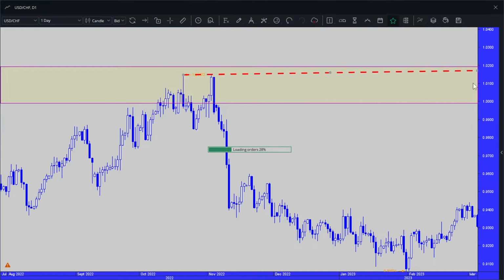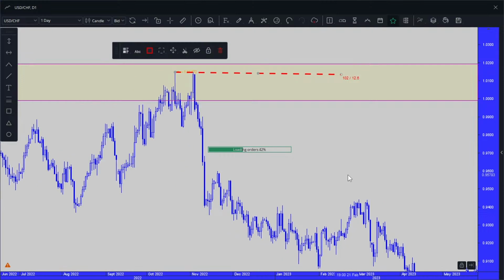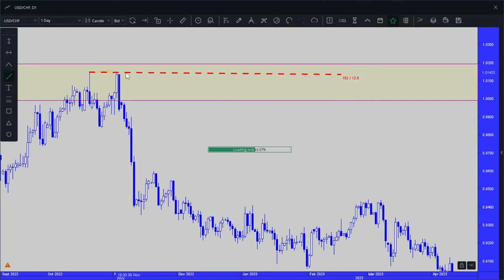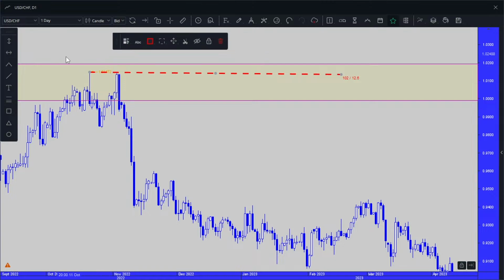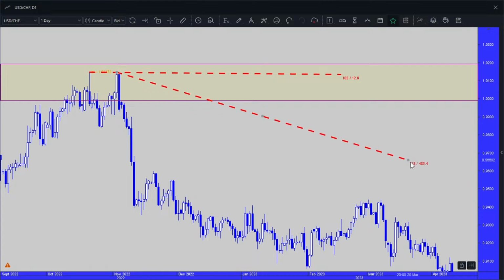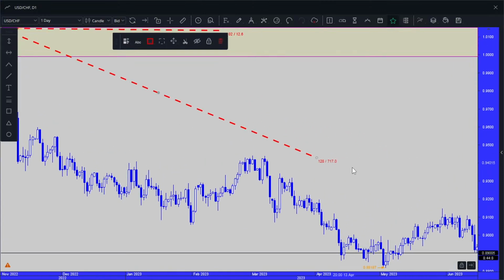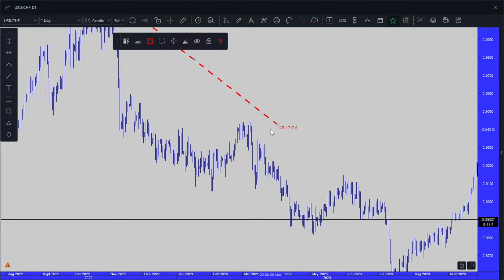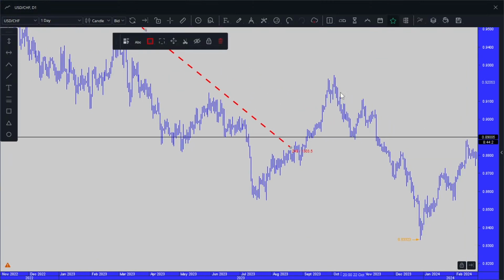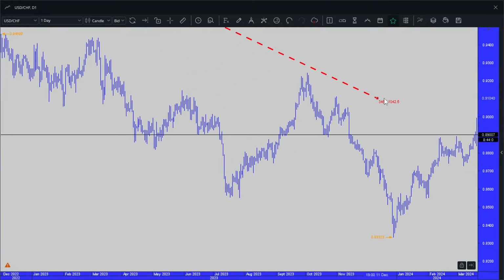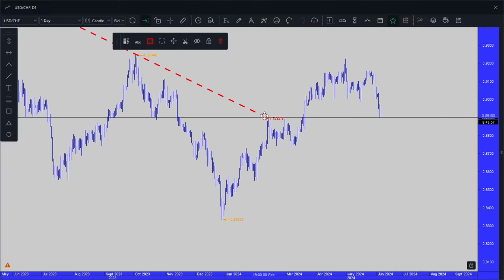I mean, there is no point in charting this trend line, but anyways, we can chart this trend line from here, extending and extending.